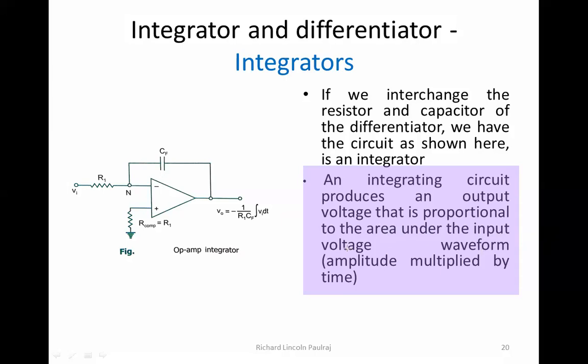The input voltage. So what is this? It is nothing but the amplitude multiplied by time. So however much the amplitude of the signal is, that is multiplied by the time at the axis. Once we see the waveform, we'll be able to understand what this area being proportional actually means.